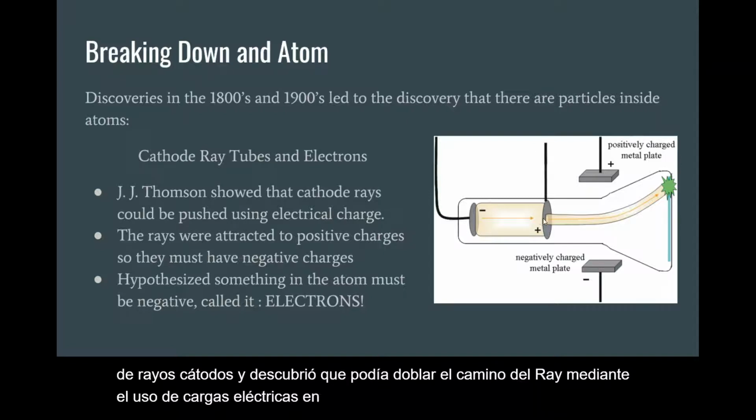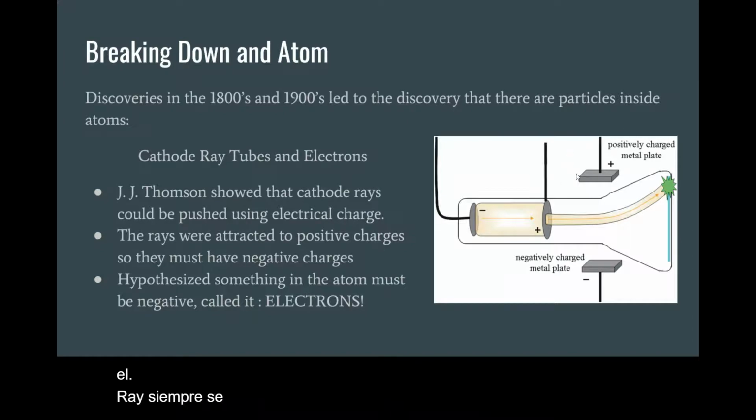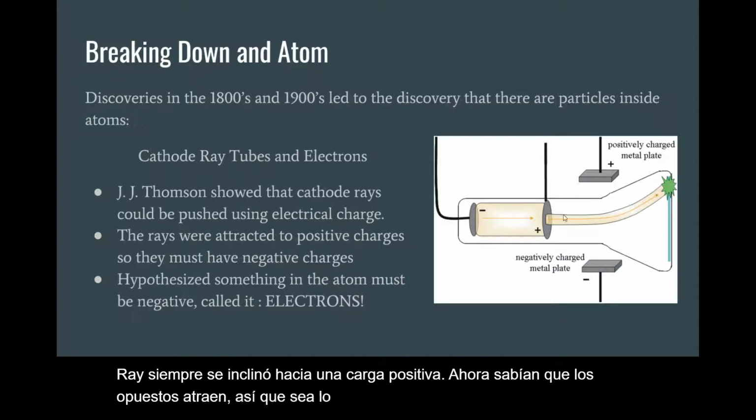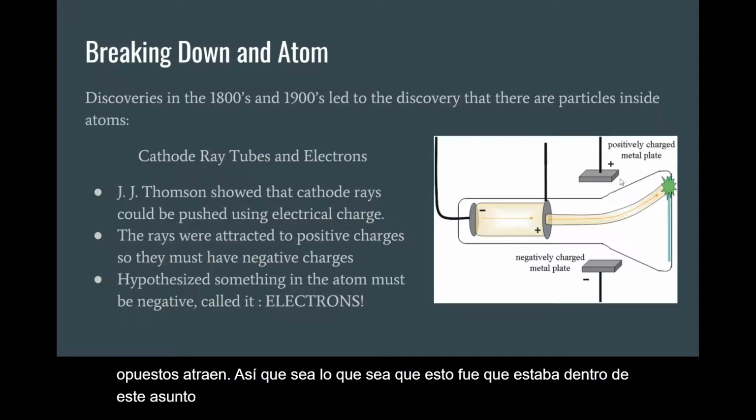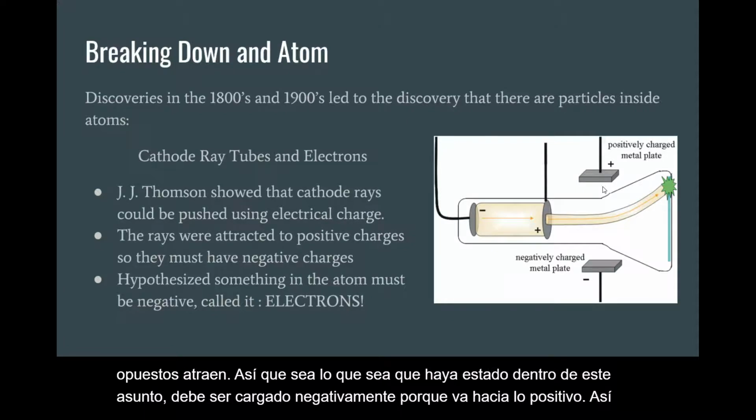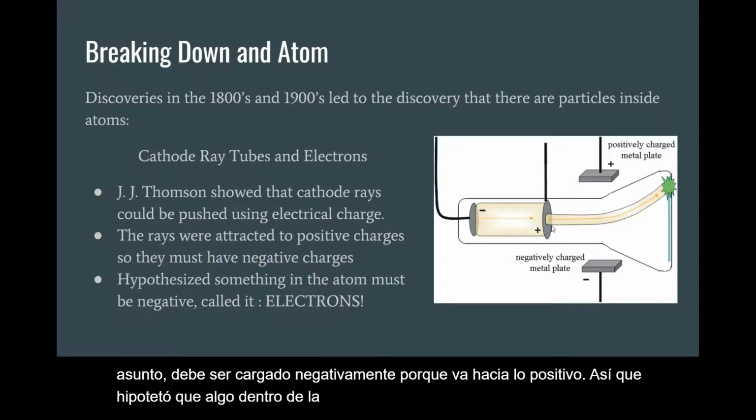What he found was that the ray always bent towards a positive charge. Now, they knew that opposites attract. So whatever this was that was inside this matter, it must be negatively charged because it's going towards the positive. So he hypothesized that something inside matter must be negatively charged, and he called these electrons.